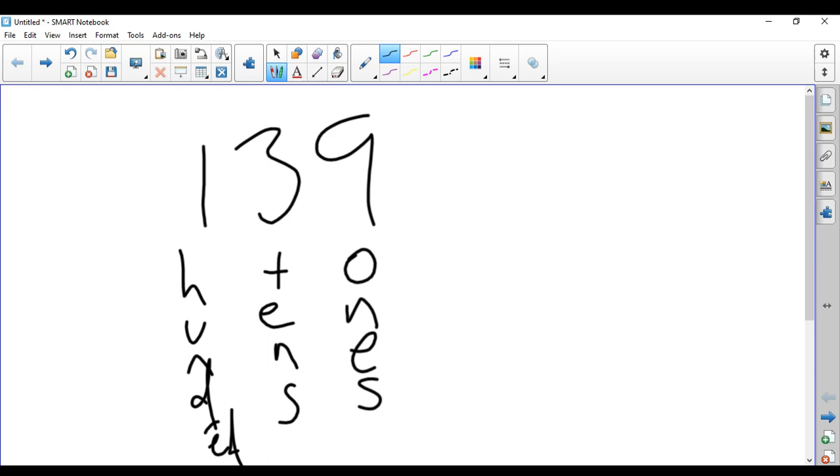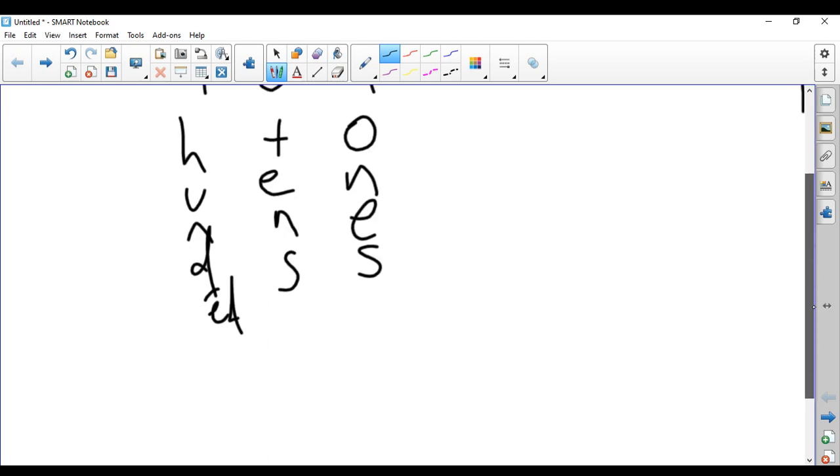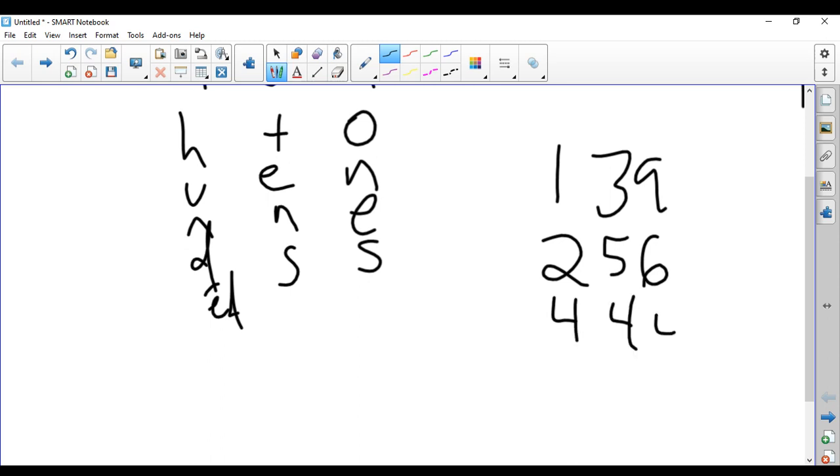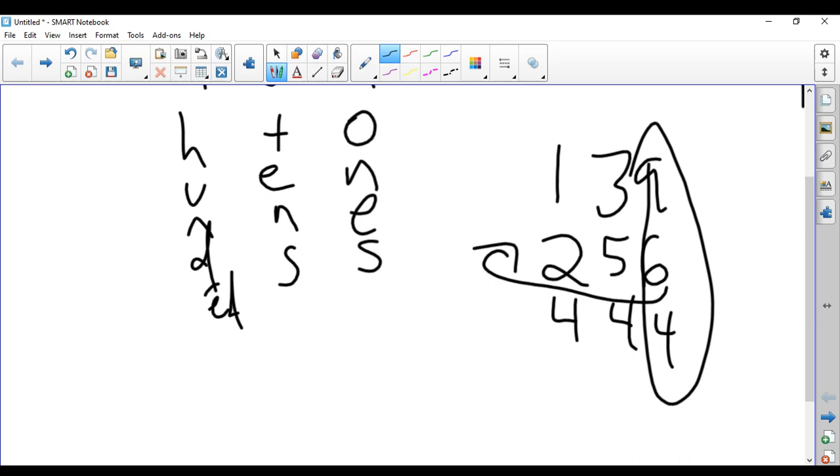And no matter how many numbers I write, if I write 139, if I write 256, if I write 444, I'm always making sure that my ones are in the same spot. I can't take the 6 and move it over here and still say it's 256 because I've got a 6 in the number. That's not the case.